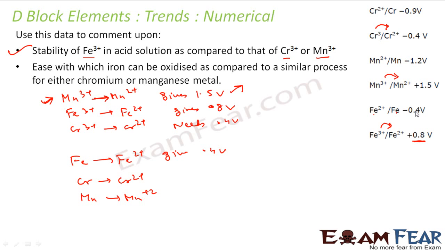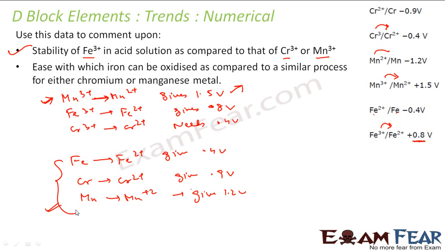Similarly, Cr2+ to chromium needs 0.9 volt, so chromium to Cr2+ will give 0.9 volt. Similarly here, Mn2+ to Mn requires 1.2 volt, so Mn to Mn2+ gives 1.2 volt. So if we compare these, this is highest.